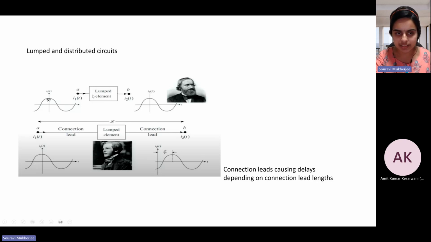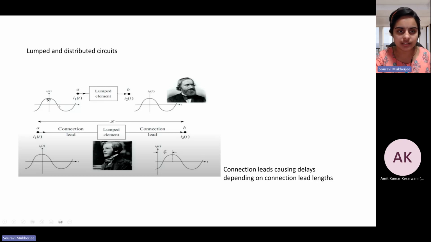This is the current that is entering and this is the current that is leaving this element. Now normally, suppose you have a resistor here and the current flows from here to here. We don't consider that there is any change in the current or voltage in this region, in the wire, while the current is flowing or while there is a voltage transmission through the wire.